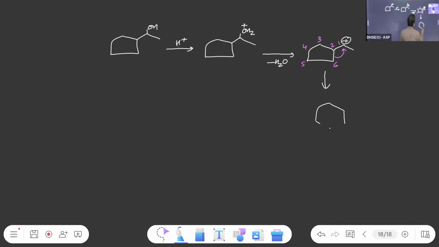First, you have to draw the 6-membered ring and assign the numbering, and position 1 methyl group and position 2 positive charge.